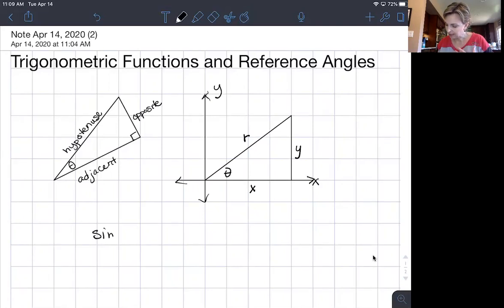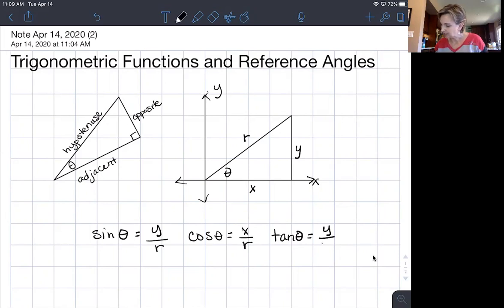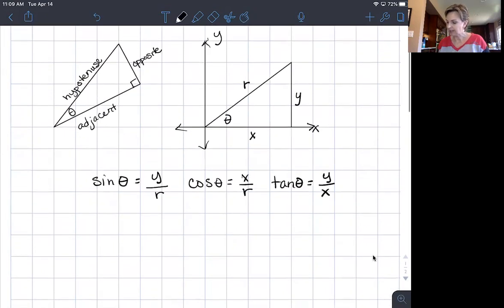So that means my sine function, instead of opposite over hypotenuse, is now going to be Y over R. And cosine, instead of adjacent over hypotenuse, is now going to be X over R. And tangent, instead of opposite over adjacent, is now Y over X. Okay, so we're just doing a little bit of substitution there is all.